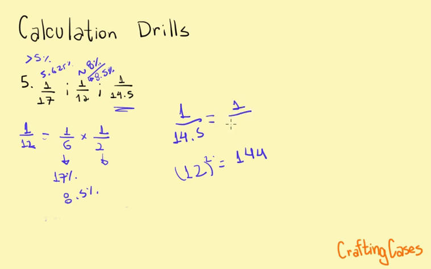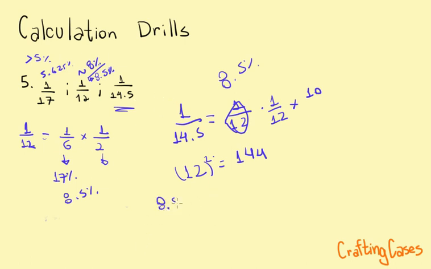This should be 1 over 12 times 1 over 12 times 10. 1 over 12, 17%, actually 8.5%. 8.5% squared times 10 should give me 1 over 14.5, which should be higher than 6%, or at least close to that.